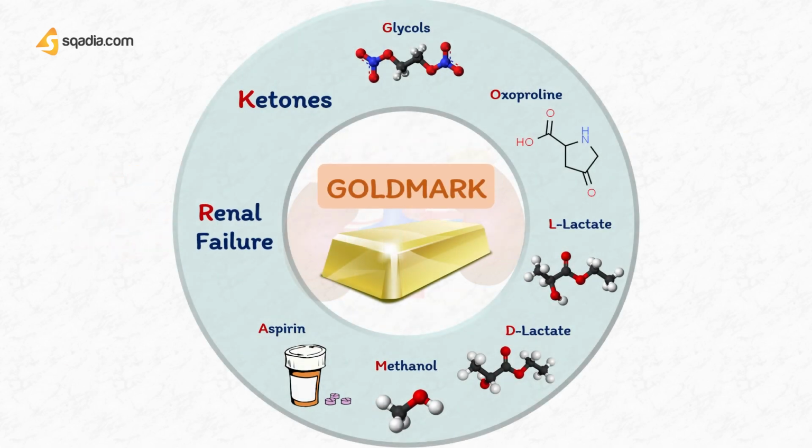Next, we have renal failure causing uremia, advanced kidney disease, because the kidneys then cannot excrete organic acids, so you retain the phosphates, sulfates, urates, and other anions, and this increases the anion gap acidosis.